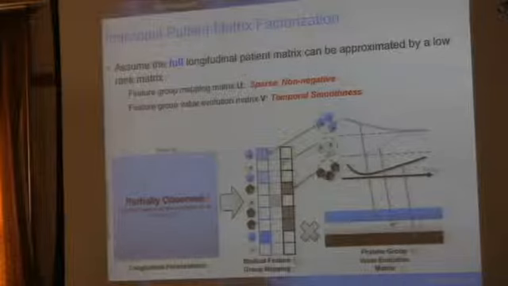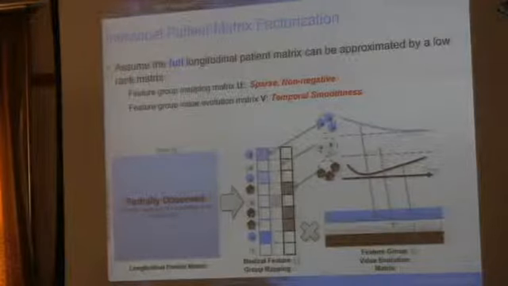And we use a matrix completion-based technology. So for each patient EMR matrix, we assume it can be factorized as a product of a feature group mapping matrix and a feature value evolution matrix.